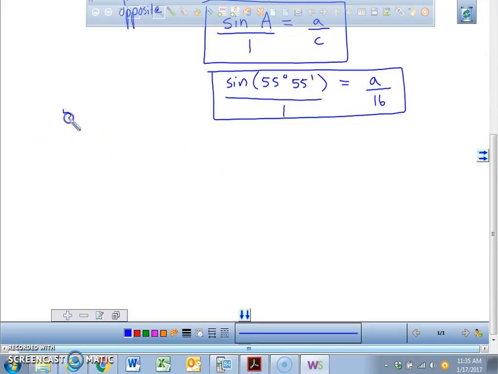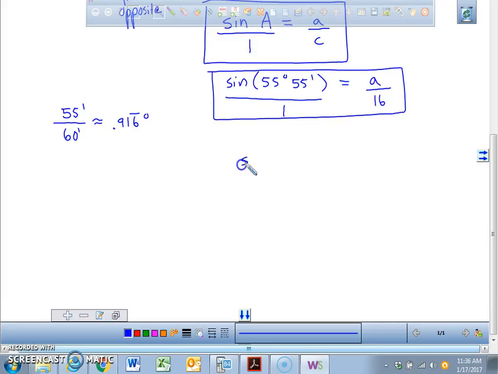So right here, we're going to take 55 minutes, everybody, out of 60 minutes in a whole degree, and that's going to approximately equal 0.916 repeating degrees.